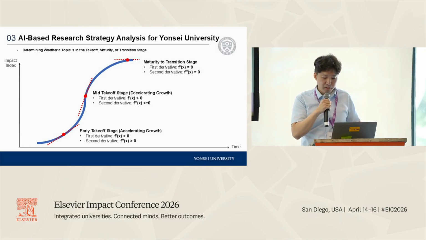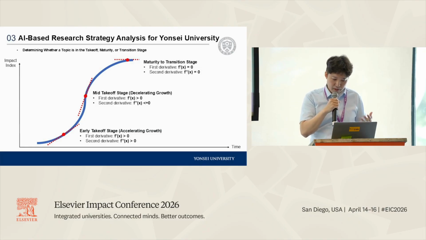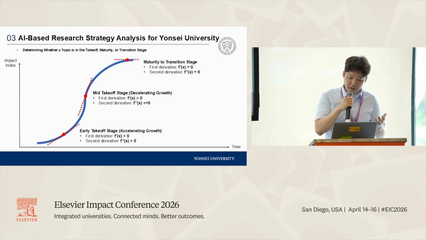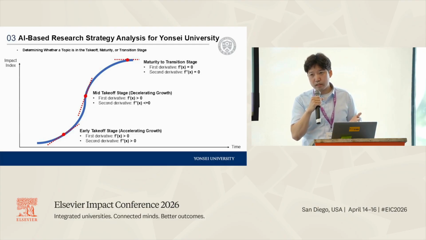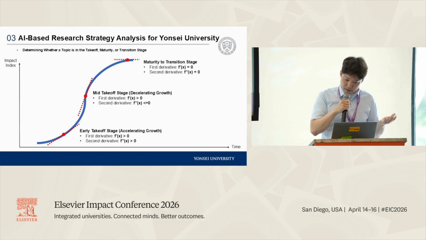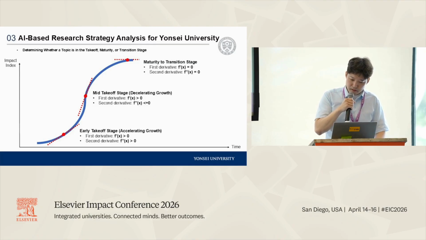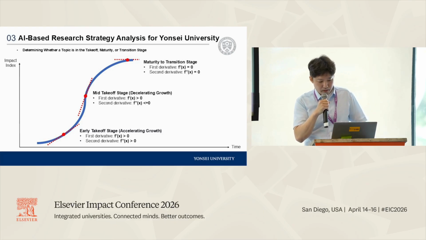More specifically, if the gradient is positive and the second derivative is also positive, the topic is in a phase of rapid acceleration. However, when the second derivative falls below zero, it means the growth rate is decelerating and the topic moves toward maturity.